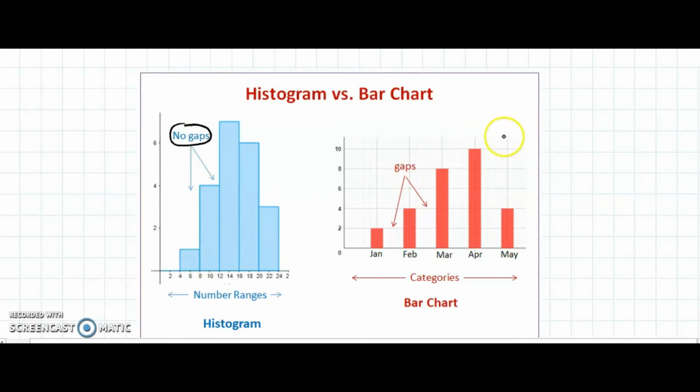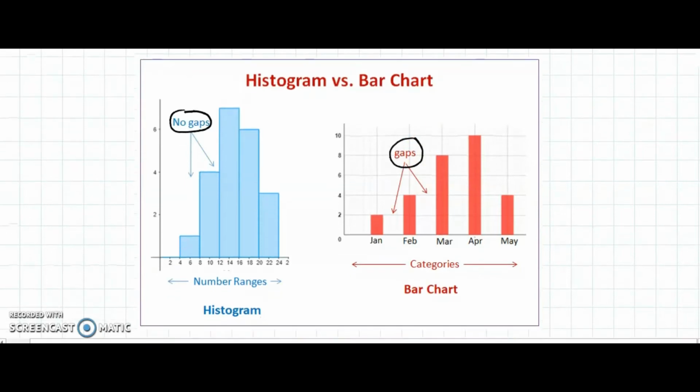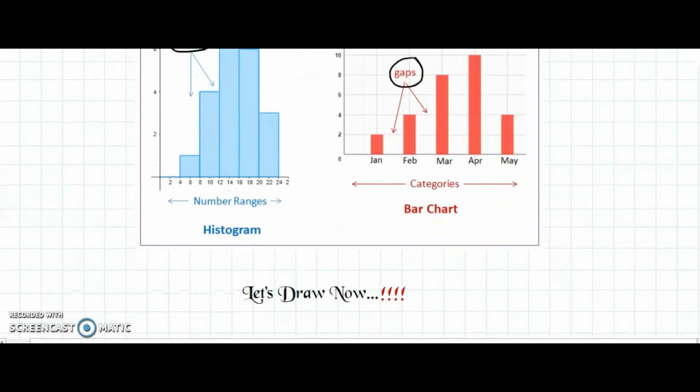Whereas in the bar chart or bar graph, you can find gaps between the two rectangular bars. That's the main difference between a histogram and a bar chart.